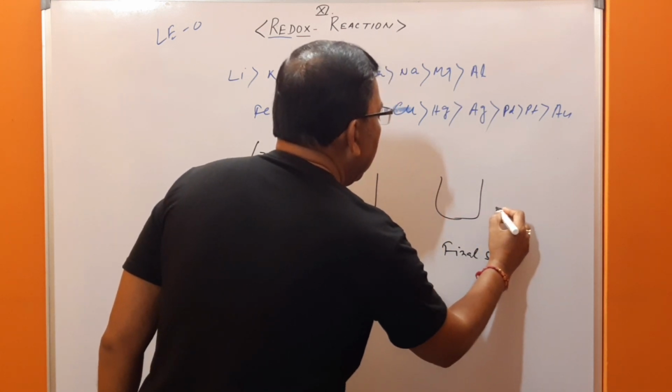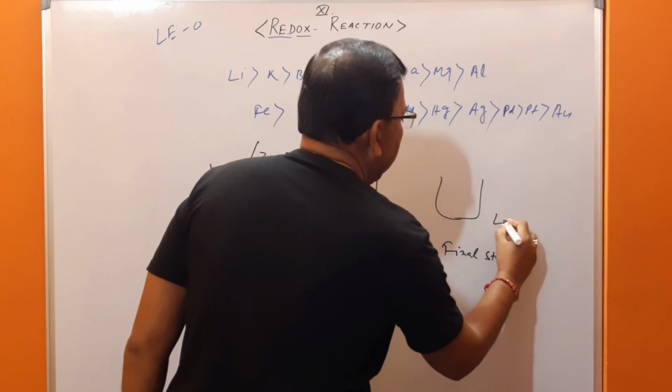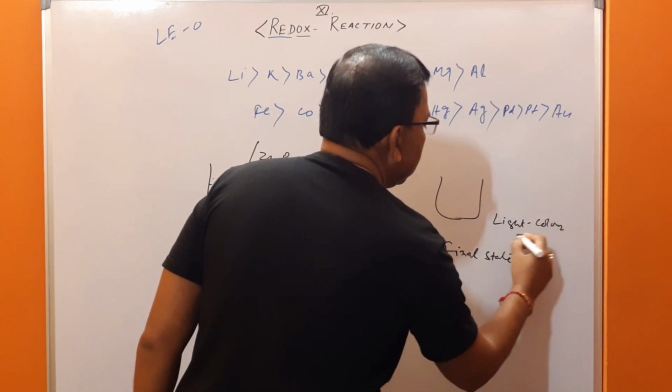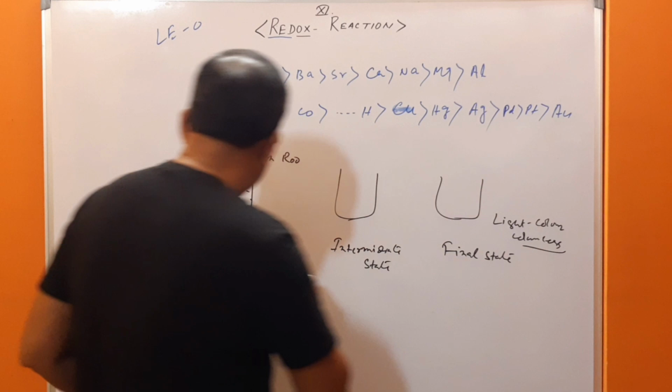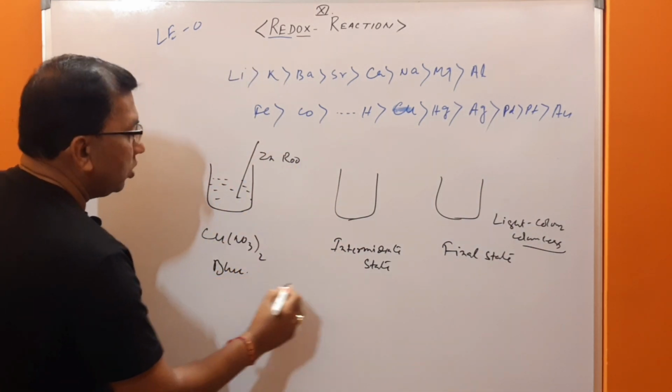That is a light color, white light color, and colorless. That is the colorless. It was blue, and now it is light blue.